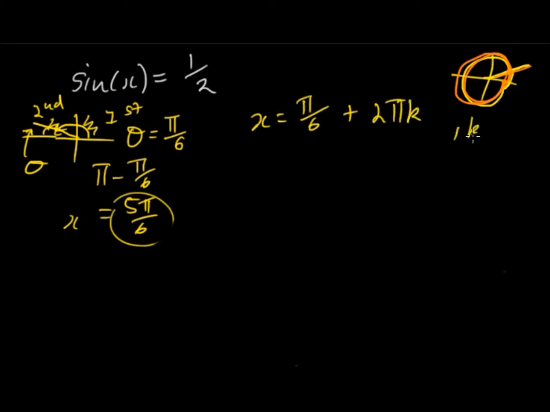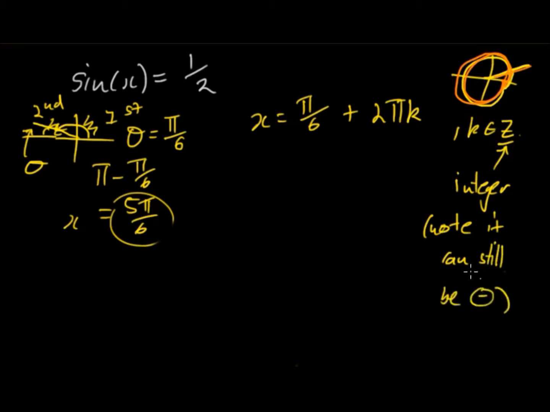Then we write that k has to be an integer. What this means is that k has to be an exact whole number: 0, 1, 2, 3, negative 1, negative 2, negative 3. Note it can still be negative. This shows us all the solutions for pi on 6.